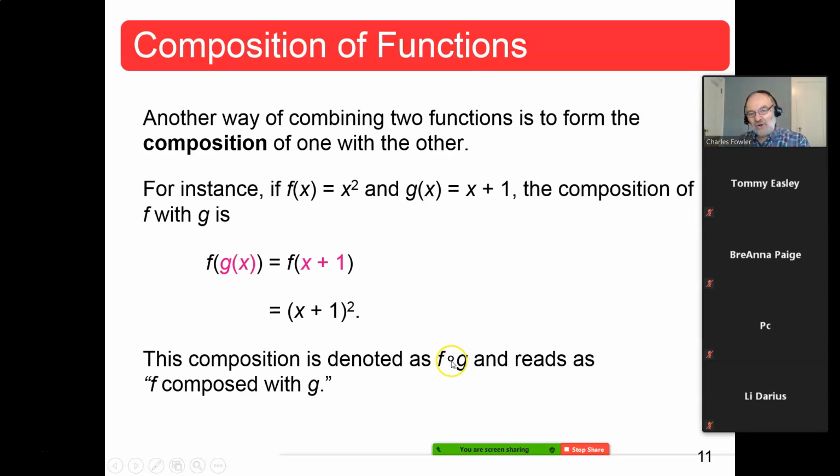Now that's not an O, but I can imagine it is. f of g. Well, that's exactly what we did here, wasn't it? f of g of x. So that's why I like to read it. Actually, it's f composed with g, or the composition of f with g, but you can also think of it as f of g of x, or whatever your variable is.